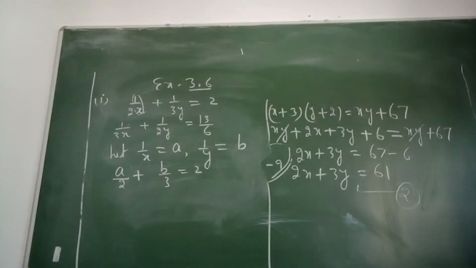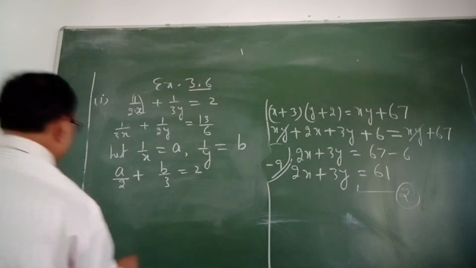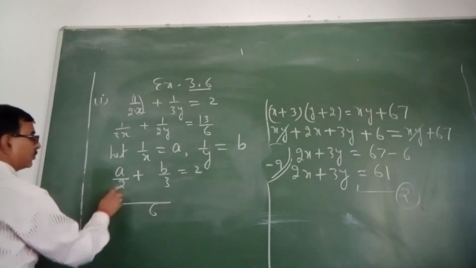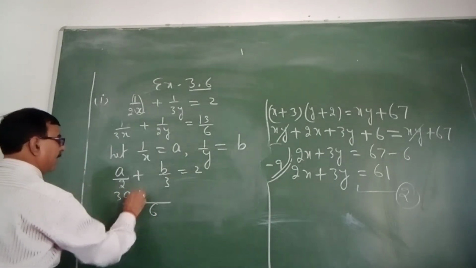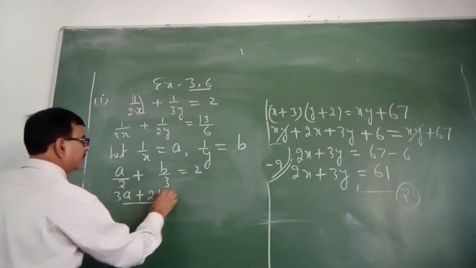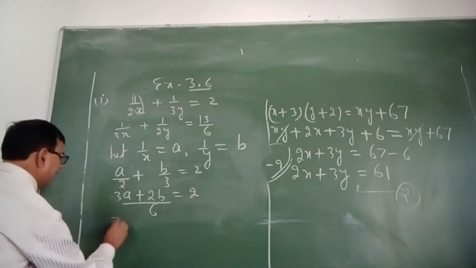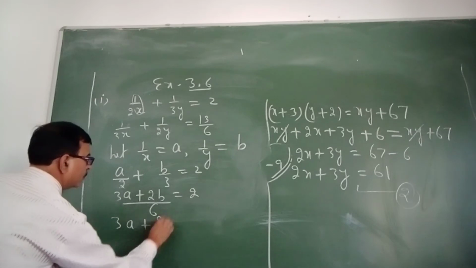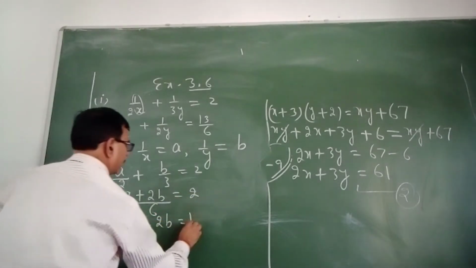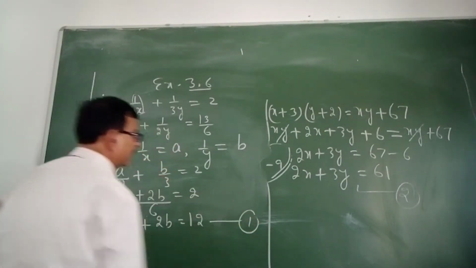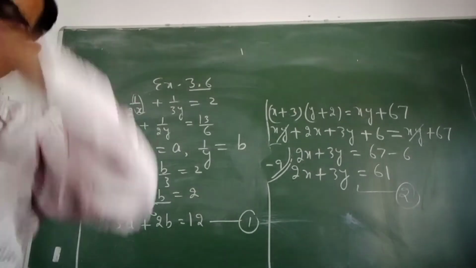Taking the LCM, which is 6, we get 3a plus 2b is equal to 12. Equation number 1. So the first equation we have reduced like this.